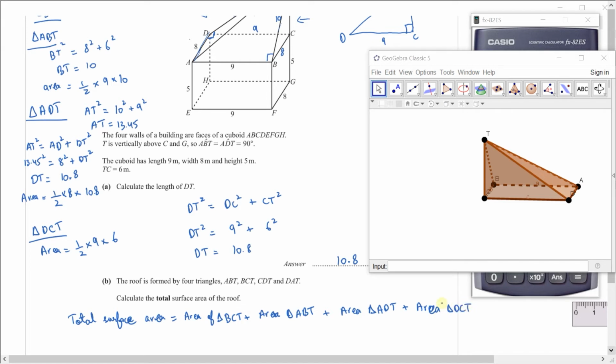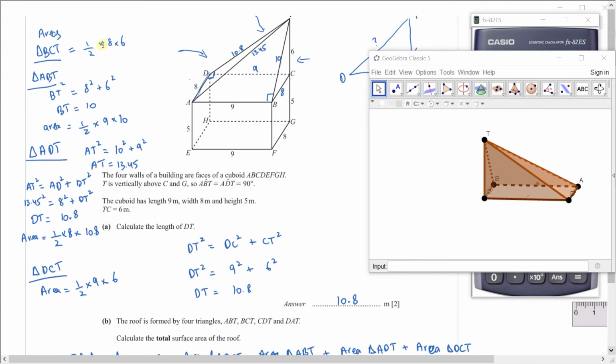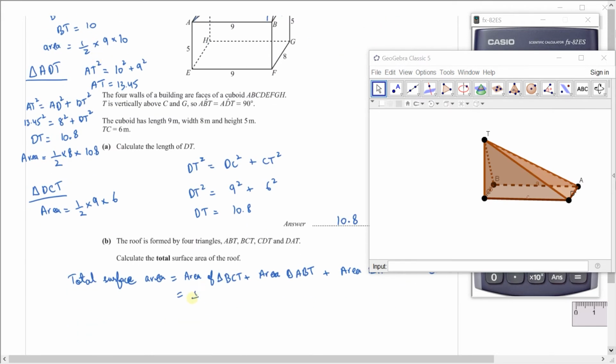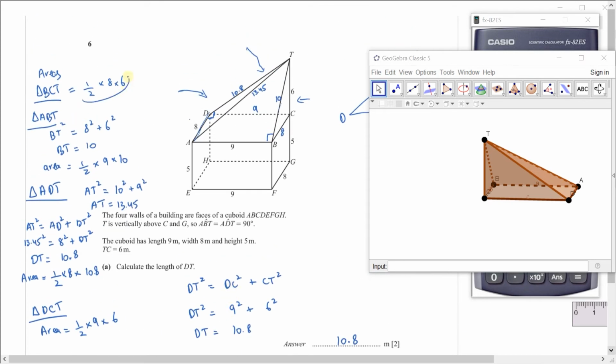So now let's add all of these. First, I can take 1 by 2 common as well. So let me actually write down the full 1 by 2 into 8 into 6. This one.